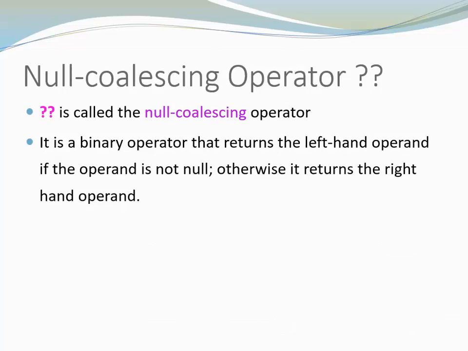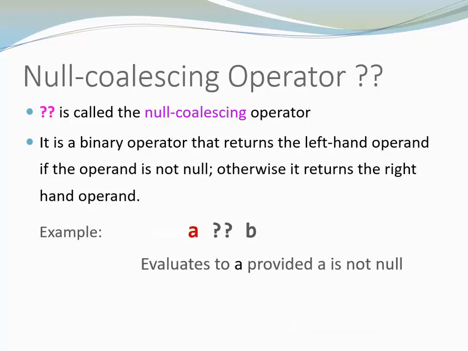Now I want to introduce the null-coalescing operator. It is a binary operator that returns the left-hand operand if the operand is not null. Otherwise, it returns the right-hand operand. Here is an example. I could say A ?? B. This expression will evaluate to A if A is not null.